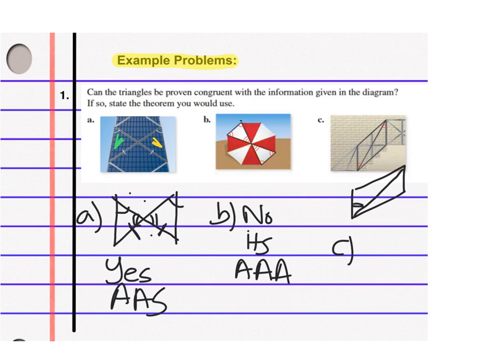We know these 2 angles are congruent and this angle. So we have an angle and an angle. We also can add that reflexive side, giving us angle, side, angle. So pause the video if you need more time for example 1. I'm going to move on to example 2.